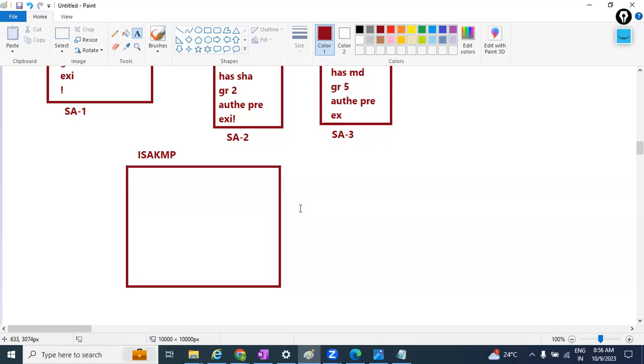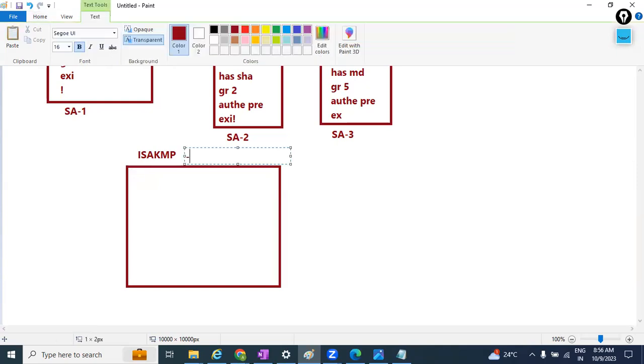Now see. Next, just try to understand. ISAKMP is a protocol which would carry all my proposals from initiator to responder. ISAKMP uses which protocol? UDP, 17. And which port number? The port number would be 500.